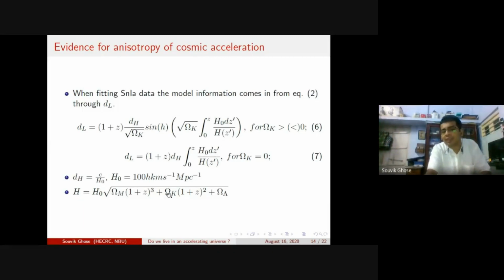These omegas are density ratios. For example, this omega_m is the density of matter divided by the critical density that has a standard value these days. This formula is for standard lambda CDM cosmology. So that's where the model dependence kicks in through the luminosity distance.